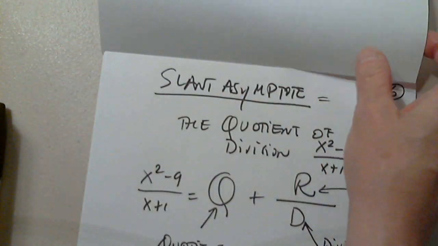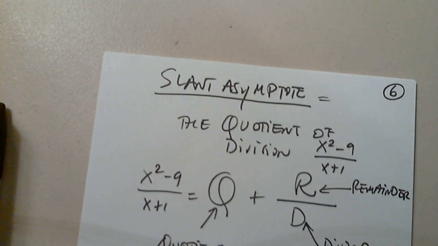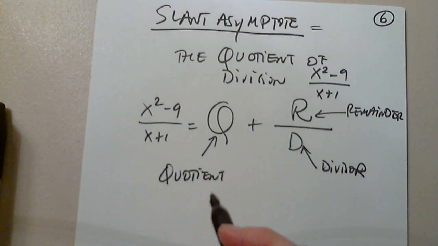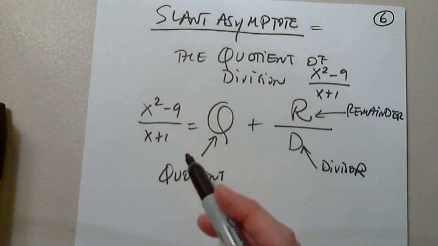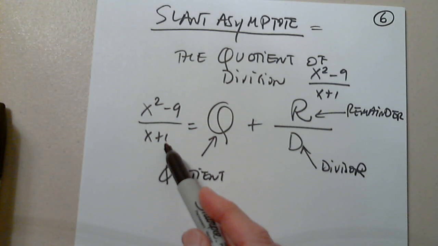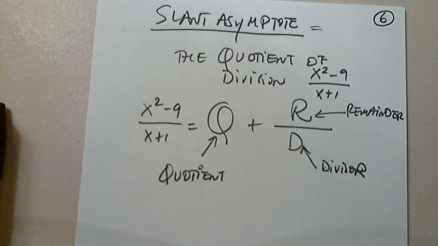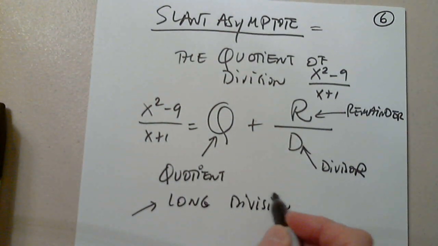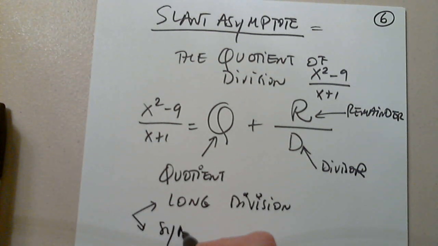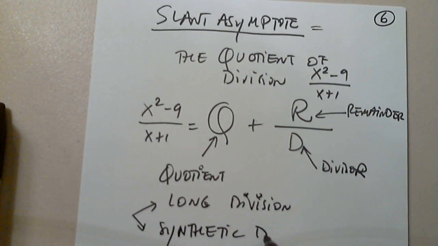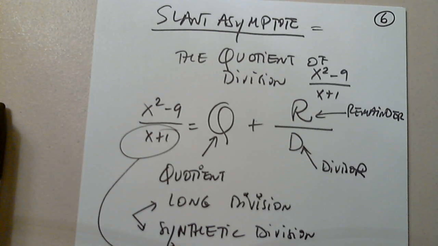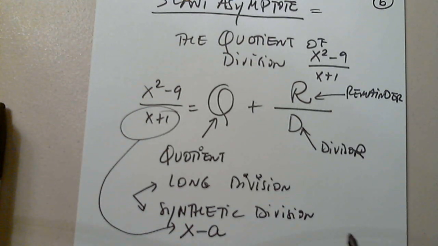Okay, how do I determine the quotient? So we have two options. We have the long division, and we have the synthetic division. Which one do you want me to use? The synthetic division works because the denominator is x minus a number, like x plus 1, x minus 3, x plus 10.